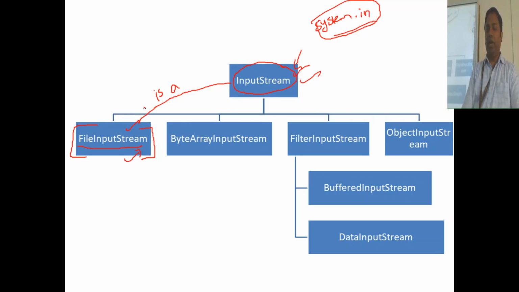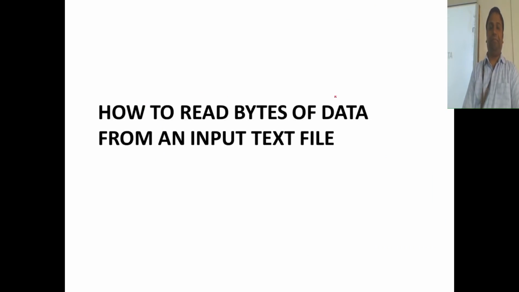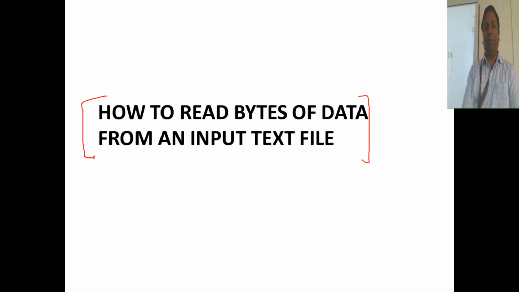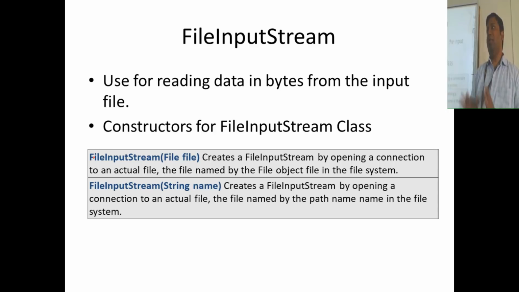Okay, let's look at how to read data in bytes from a file. We are going to use an input text file and read data in 8-bit bytes from the file. Even before reading data, there are two things. First, you have to create an object for that file. You use File, new File, and you create an object. Then you create an instance of FileInputStream.